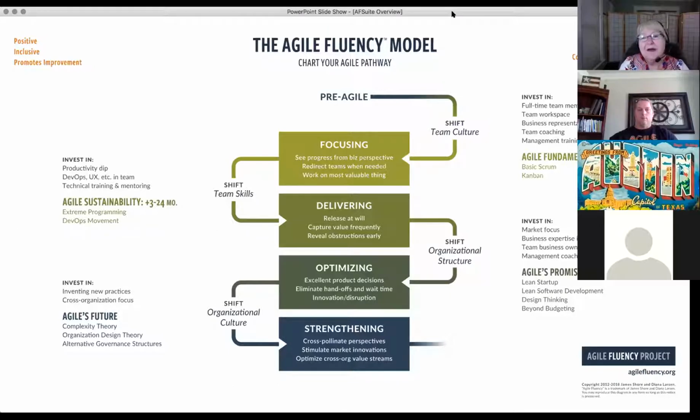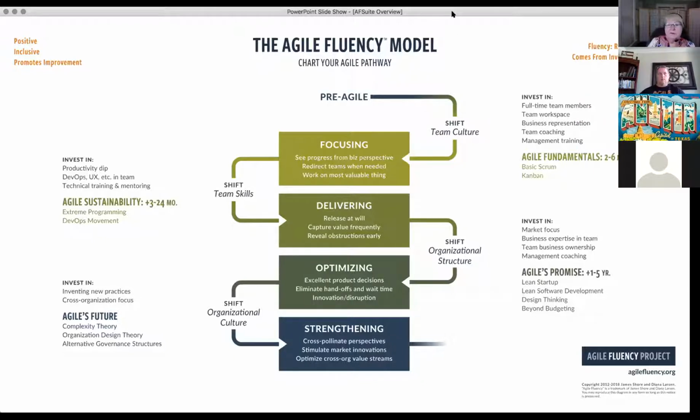And the team stops working in terms of what's cool and begins working in terms of what is going to provide the most value, both to the customer and to the business. And because they're working in smaller chunks and not just working on the whole thing and then trying to put it together, the business has the opportunity to redirect the teams if they get new information about what the marketplace needs, what the customer needs, and so on.